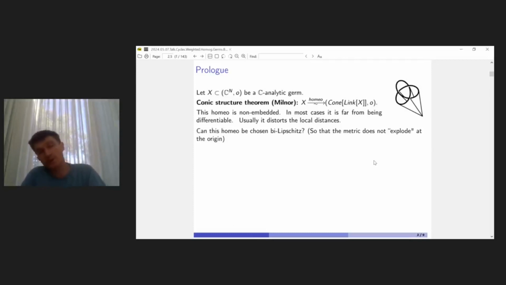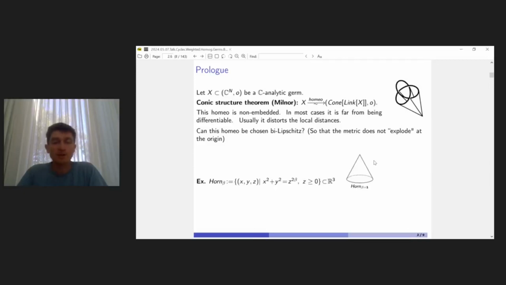And so the weaker question is whether this homeomorphism can be chosen at least bi-Lipschitz, so that the metric does not explode at the origin. On the next slide, I will give a precise definition and recall what we mean by Lipschitz. Here, let's see the simplest example, which will be prototypical during my talk. The horn, the basic simplest horn, the beta horn, or the horn of vanishing speed beta.